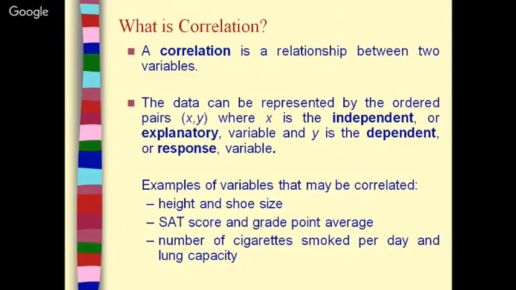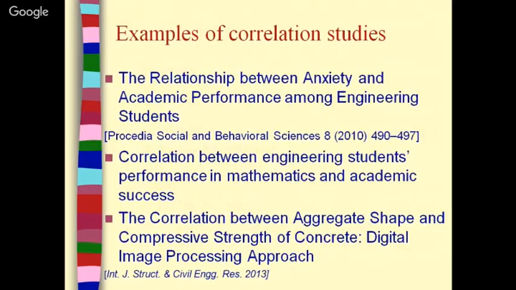You may go for that type of relationship also. Here are certain examples from engineering and non-engineering areas that have been published: the relationship between anxiety and academic performance among engineering students; correlation between engineering students' performance in mathematics and academic success, because in all engineering colleges you have mathematics and physics in the first two semesters. Why should the student study mathematics if there is no relationship with his academic performance in the engineering subjects?